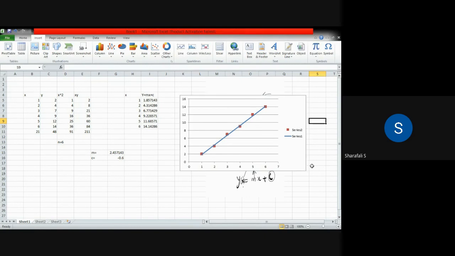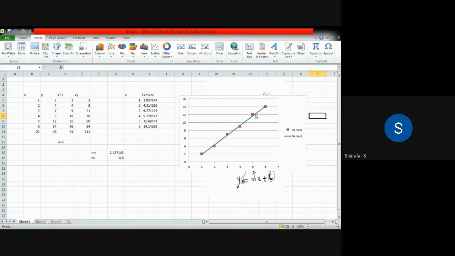Now you can see that these squares are showing you this data set, the given data points, and the line in blue color is the line we have found using the least square method. You can see that this line is fitting all those data points given here.